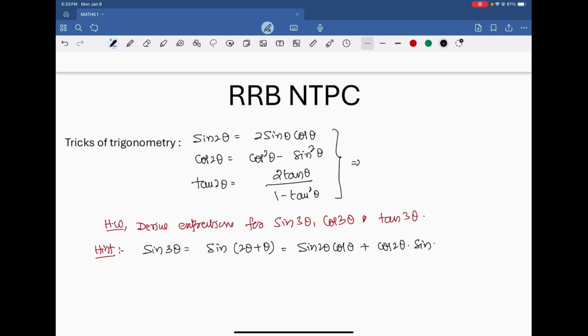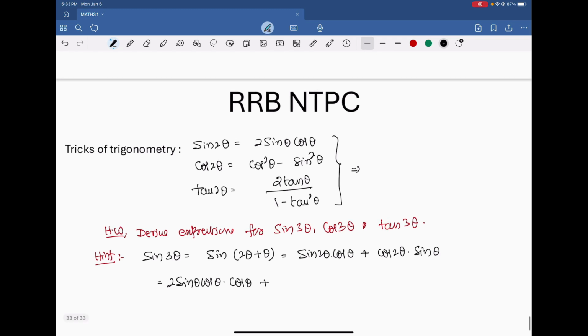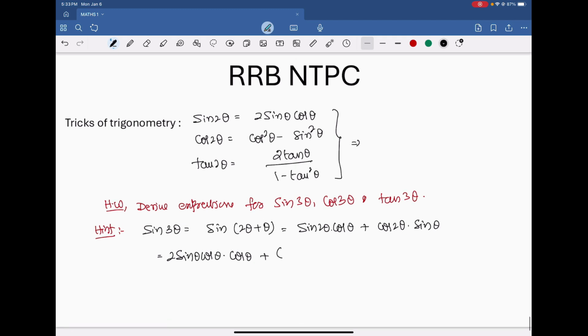That is equal to 2 sin theta cos theta into cos theta plus cos square theta minus sin square theta into sin theta. These are all from the previous derivations which we have done.